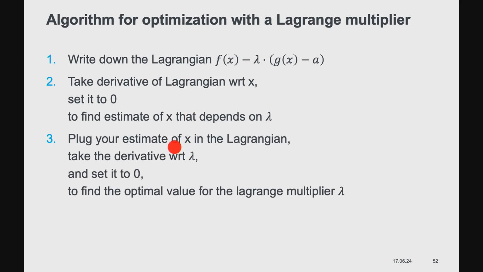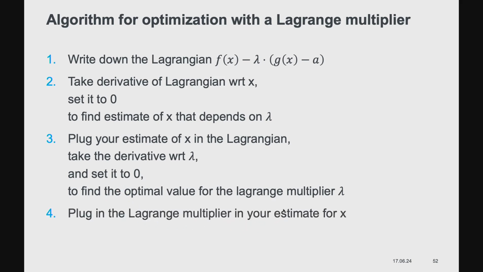And so what we do is we plug our estimate of the x into the Lagrangian, take the derivative with regard to the lambda, and look for the perfect lambda according to this x. Then we find some optimal value for the Lagrange multiplier lambda, and we can repeat that.